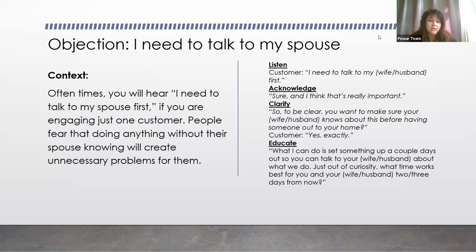In the meantime, can we get a copy of your utility bill? That'll really help our experts do a very good deep analysis for you, so that when we come and talk to you, we'll have all of the information that we need. However you want to work with your advisors, advisors work with your experts on gathering that information up front. This is just another tool in your belt for when you get those types of objections.